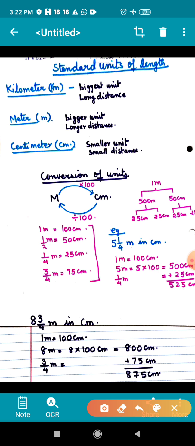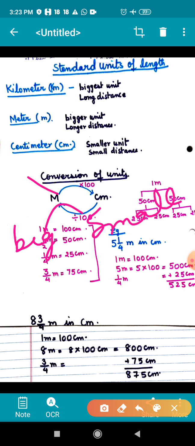When you want to convert a big unit into a small unit, you always multiply. Okay, but when you want to convert a smaller unit into a bigger unit, then you always divide. Let us understand this by examples.